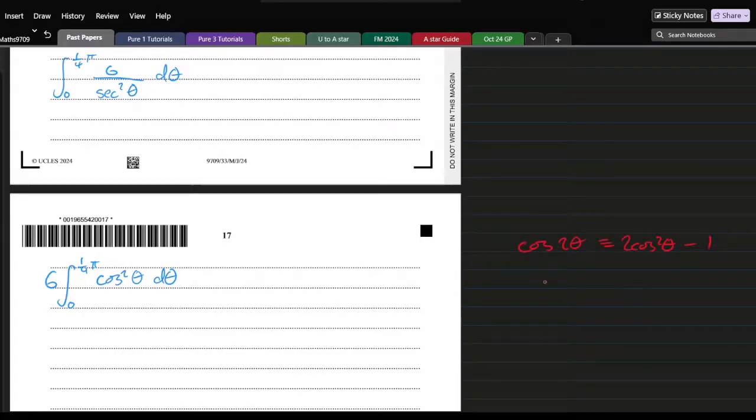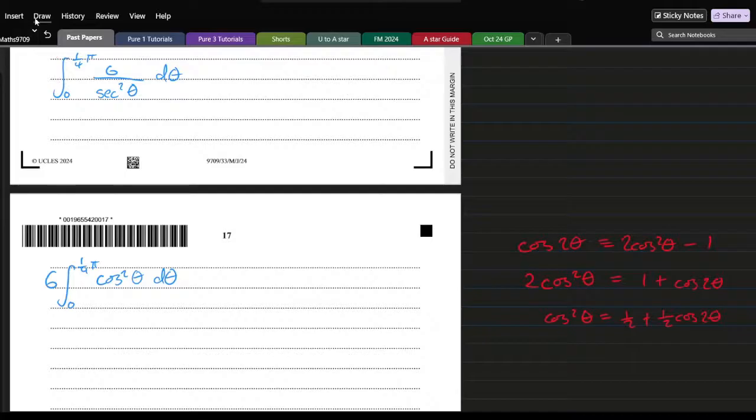So we can use this identity and make cos squared theta the subject of the formula. So 2 cos squared theta is equal to 1 plus cos 2 theta. So cos squared theta is equal to 1 over 2 plus 1 over 2 cos 2 theta.